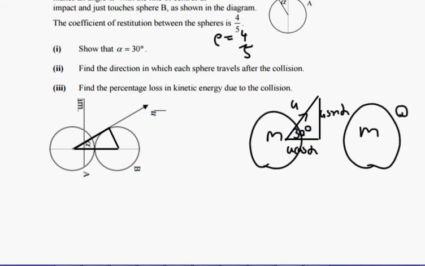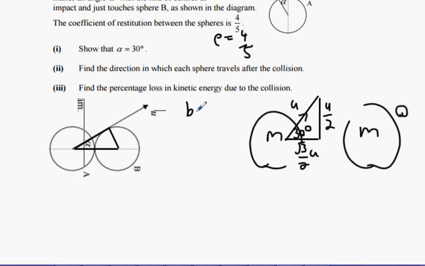So technically speaking, it's U cos 30 and U sine 30. What's cos 30 again? Cos 30 is root 3 over 2. So root 3 over 2 U, and the other one is just U over 2.